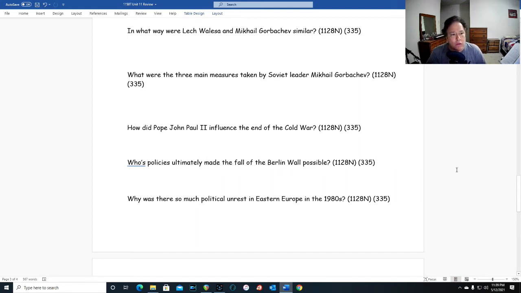Another reform measure that Mikhail Gorbachev had was called perestroika. And perestroika was a restructuring of that command economy that the Soviet Union had and allowing some small-scale petty capitalism. And then finally, nuclear arms reduction.